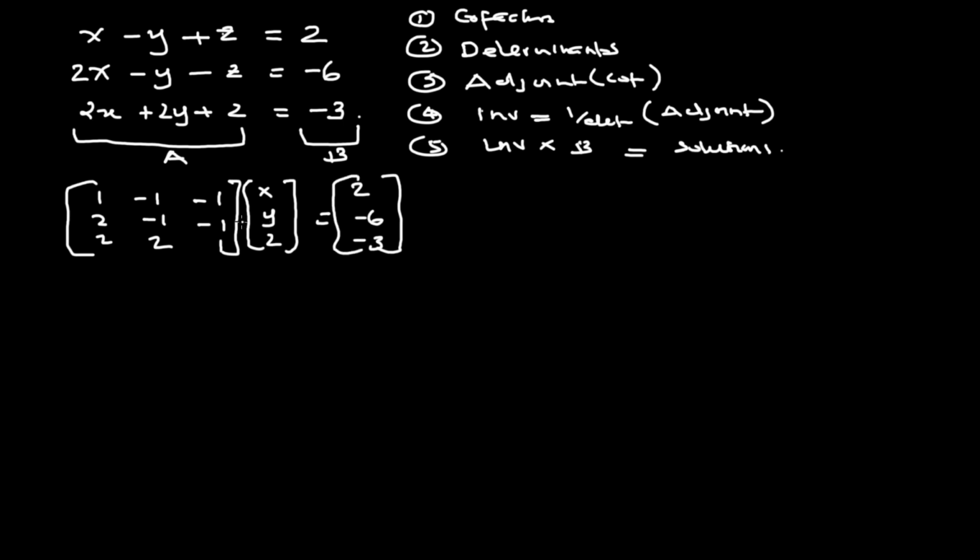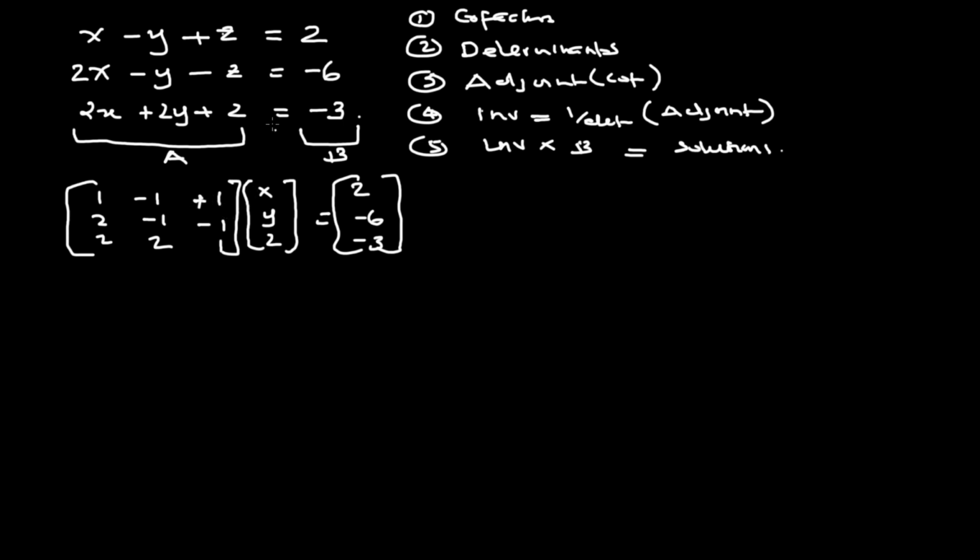Now remember, if we were to multiply these, x times 1 gives me x, -1 times y gives me -y, and then for z, sorry, this is not -1, this is +1.